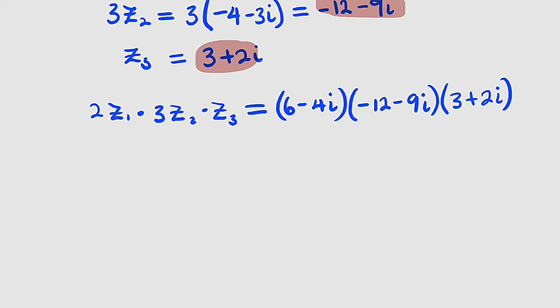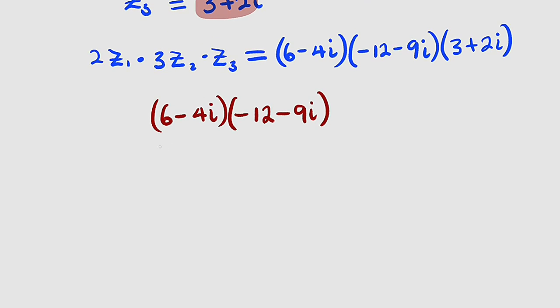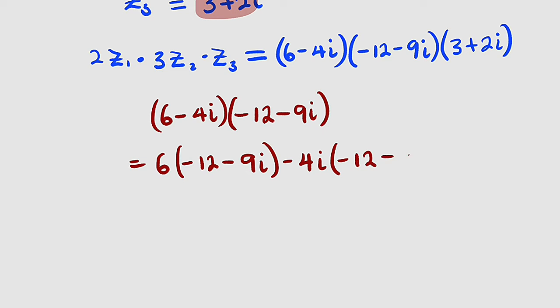Whatever we obtain, I will multiply by this. So we have 6 minus 4i multiplied by the whole of -12 minus 9i. We have 6 multiplied by -12 minus 9i, then minus 4i multiplied by -12 minus 9i.